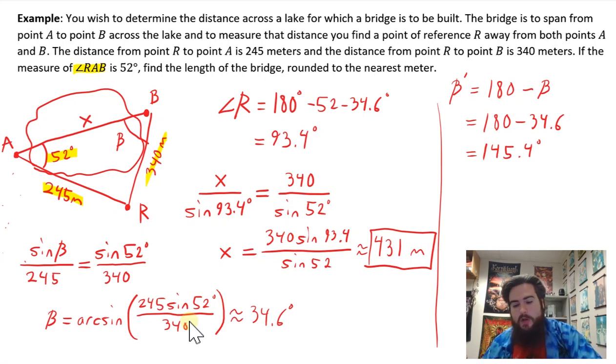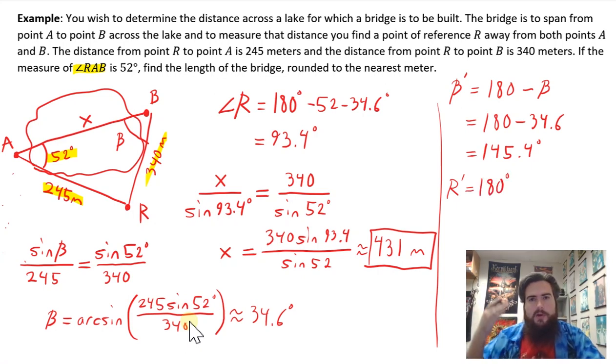And since we now know the other possibility for beta, we should also be able to solve for the other possibility for R. So I'll call that R prime. Well, we solved R by earlier doing 180 minus my two known angle measures. 180 minus now the two known angle measures would be 52 and 145.4.